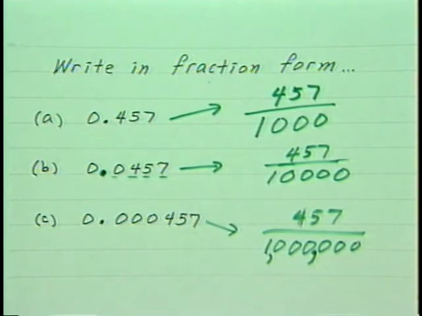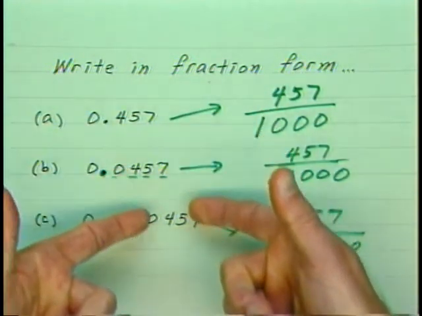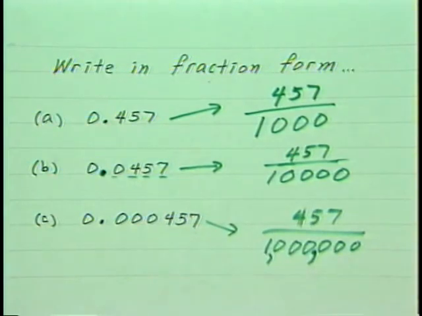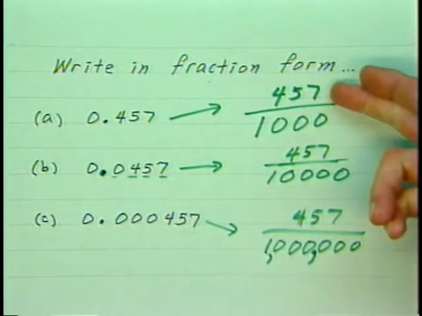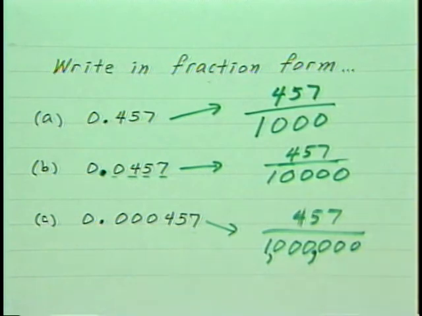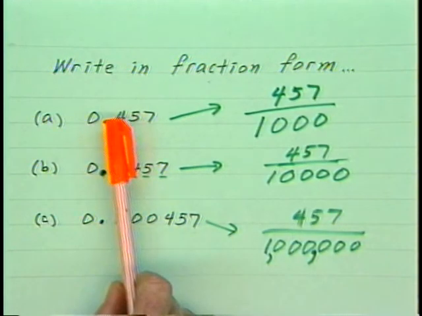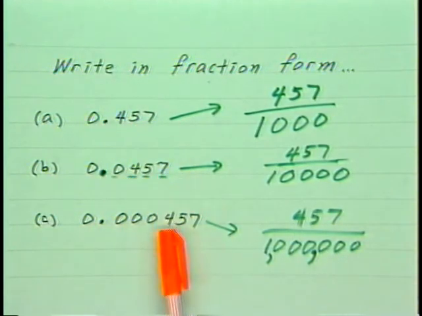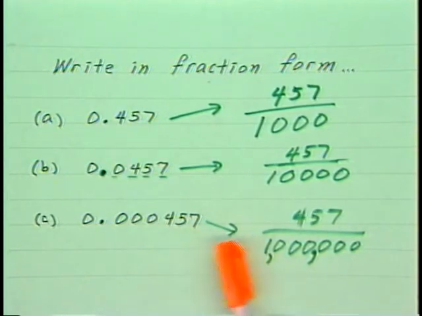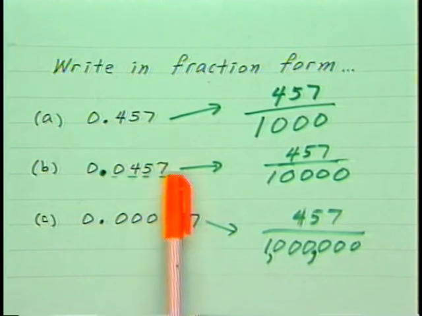So to a beginner, you would look at these and just see they all have 457 and sort of feel they're all the same. And yet they are distinctly different numbers because of the different placement of that 457 in each case. And that decimal point is what helps me locate the placement.